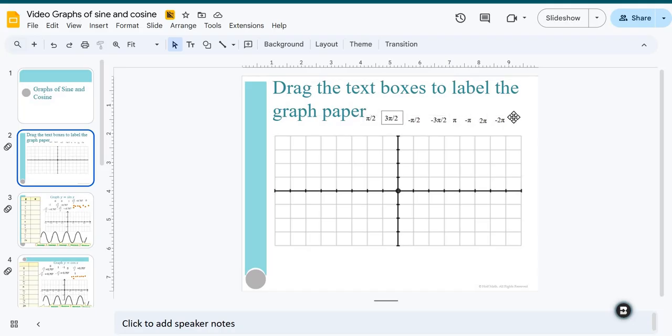Up here at the top, I have some of our major unit circle angles. All of these are your quadrant angles. Just like normal, our origin represents 0, 0. Going to the right, we're going to label these from least to greatest.